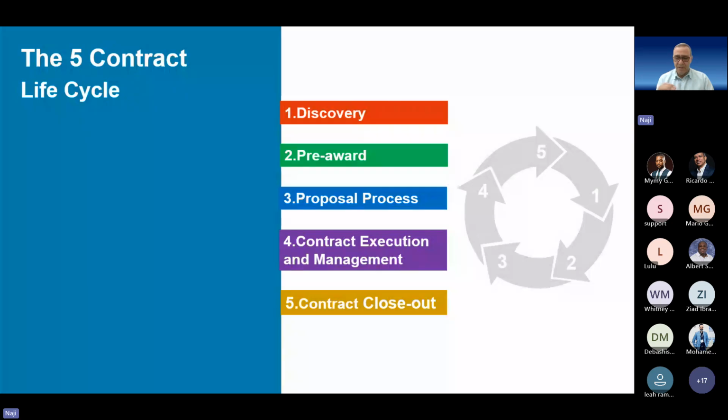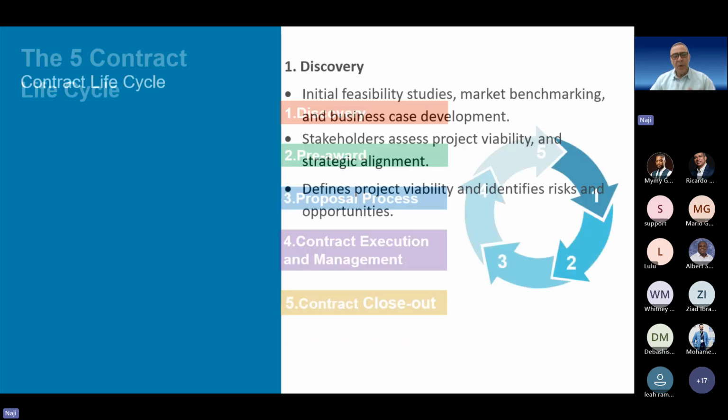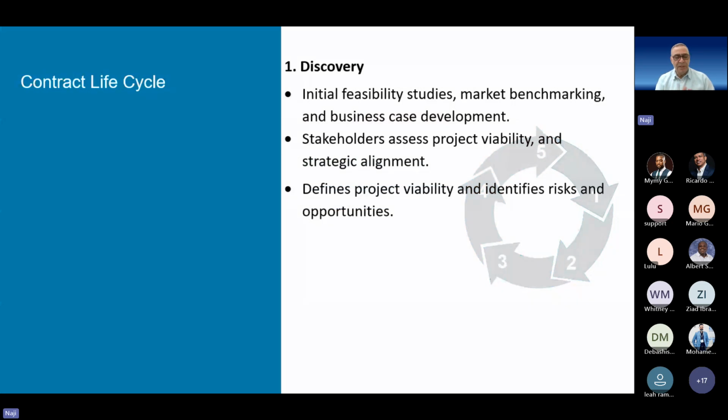However, PMI says no. There are several steps: the discovery, then the pre-award, next the proposal process, where you distribute all this information to the contractors to set their process, and they execute step 4, the contract, which is the real work, and the closing. So, a quick review of each step.